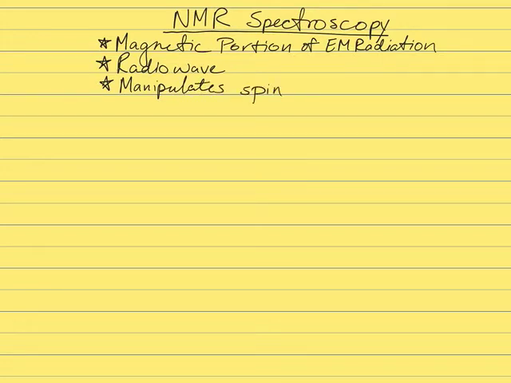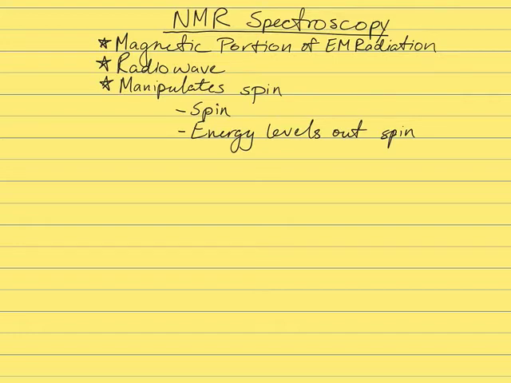So in this explanation of NMR spectroscopy, we're going to be going over the concept of spin and how energy levels are created out of spin and what that means.